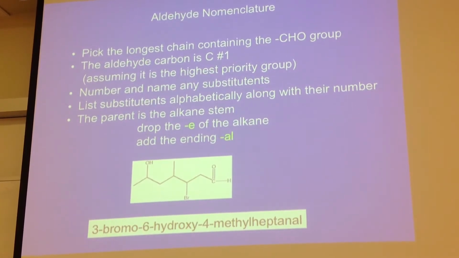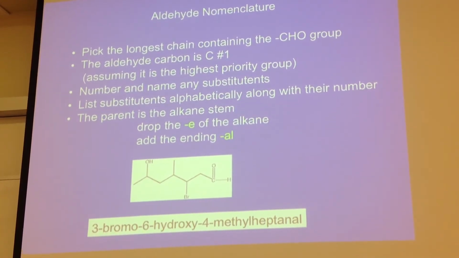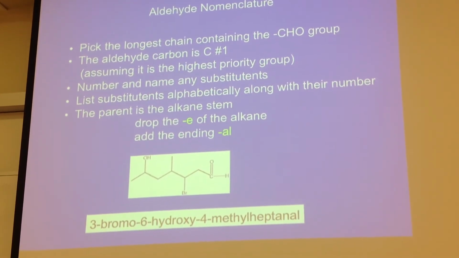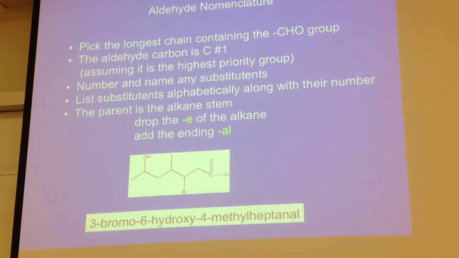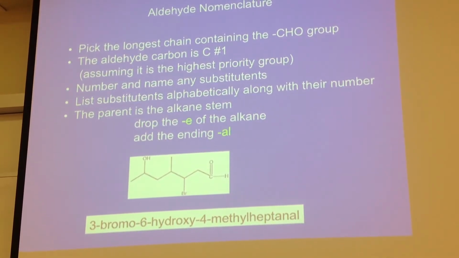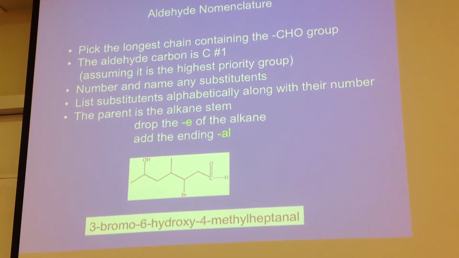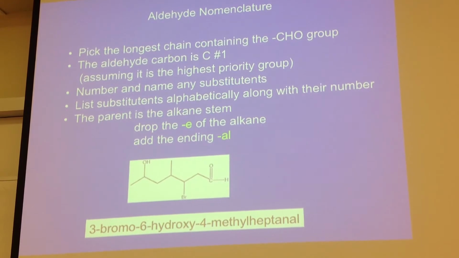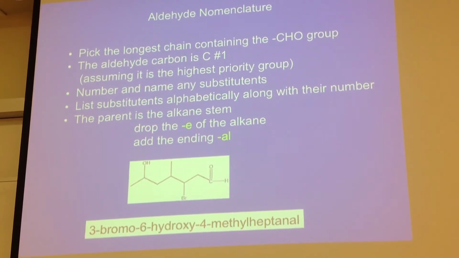The only place that we did the something-dash-ol kind of thing was with alkenes and alkynes. And I think the reason we did that is because that alkene or that alkyne became part of the parent stem. We didn't have a situation where we could take the double bond and make it a substituent out front.